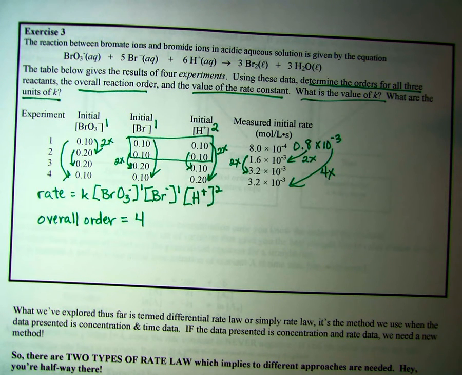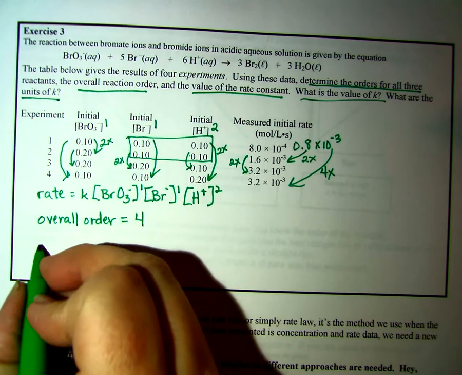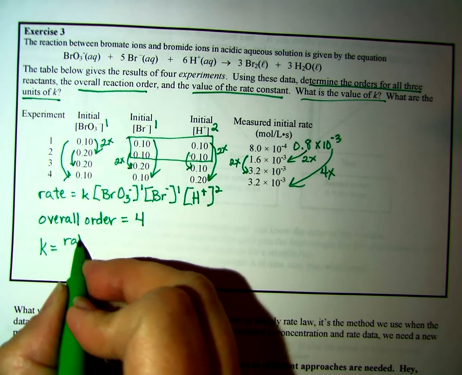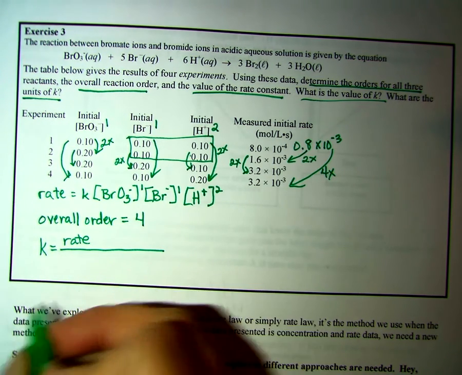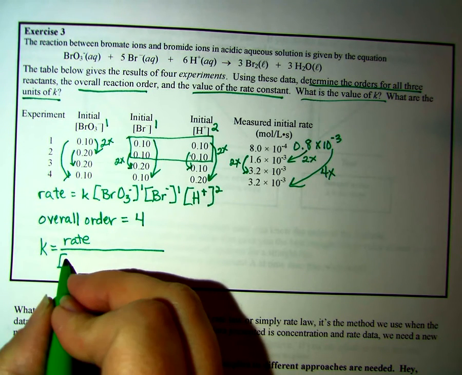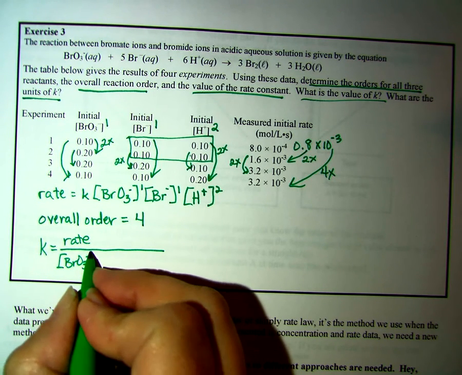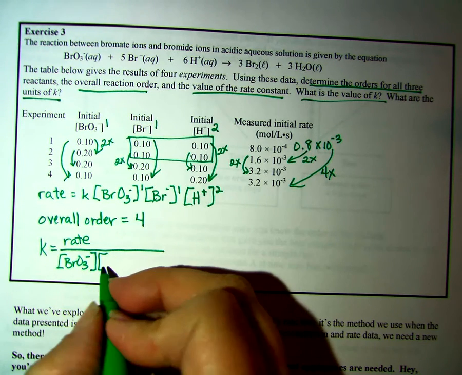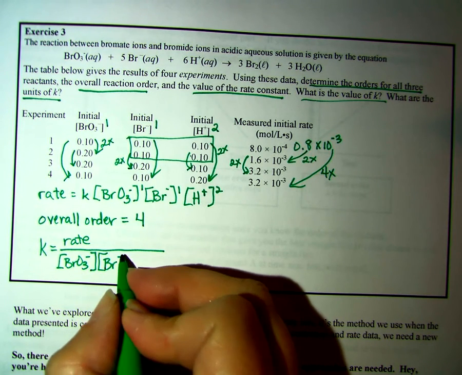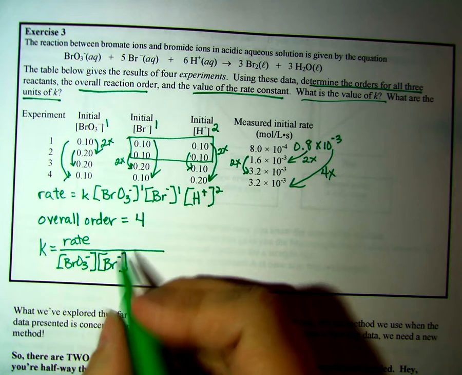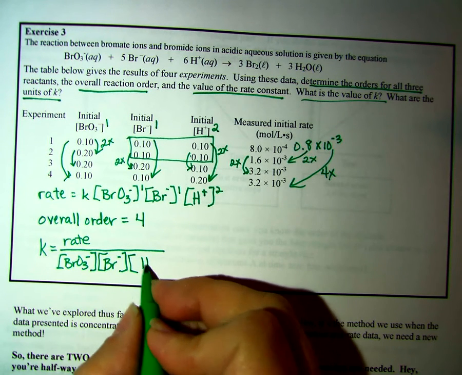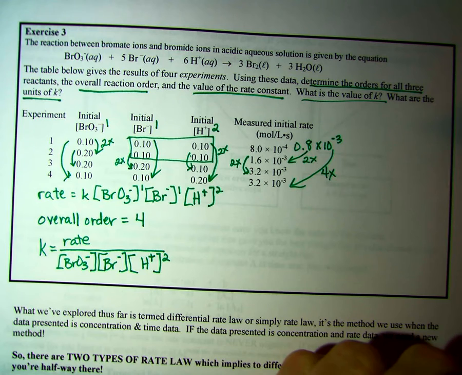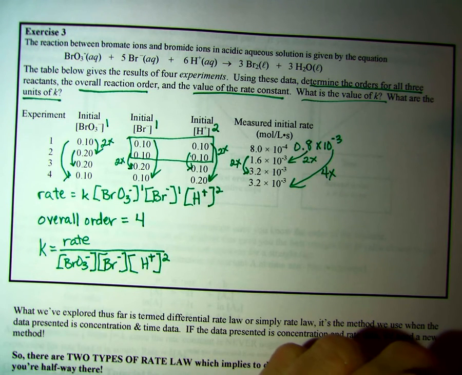The next thing, the last thing it wants you to do, is to find K. Rate divided by, this is our concentration of BrO3 minus, raised to the 1 power, times my concentration of Br minus to the first power, times my concentration of H plus to the second power. Pick an experiment and substitute in.